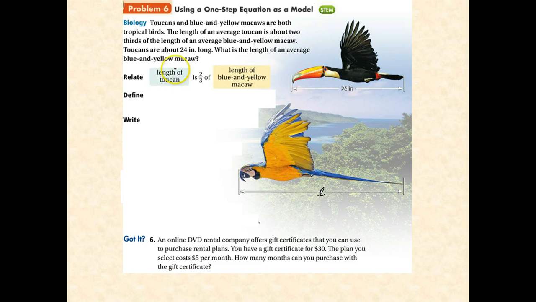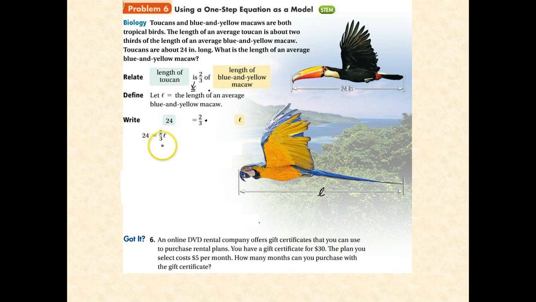The length of a toucan is 2/3 of the length of the blue and yellow macaw. In math, is means equals, and of means times. So if we let L equal the length of an average blue and yellow macaw, we get 24, the length of the toucan. Is gives us the equal sign. 2/3 of gives us times, and then L, the length of the macaw.